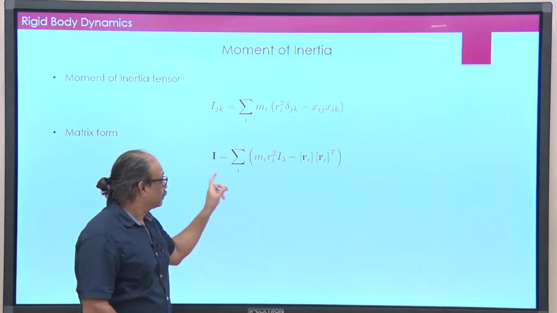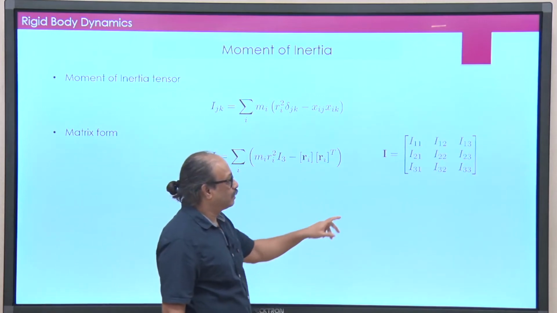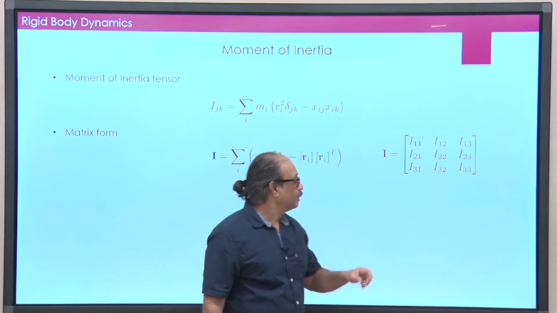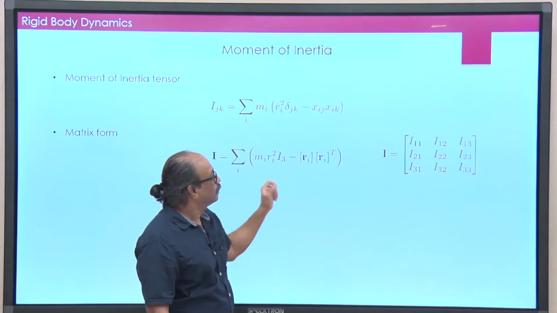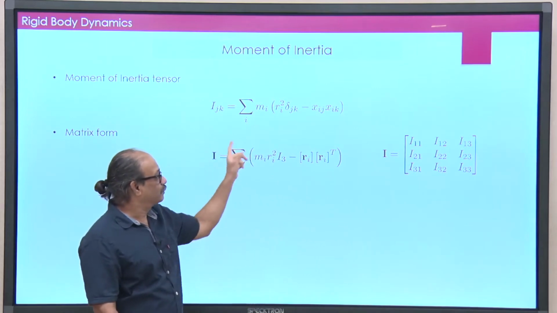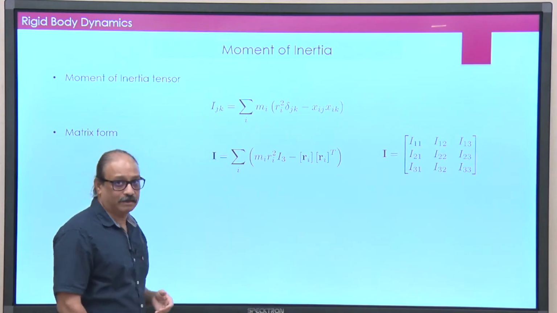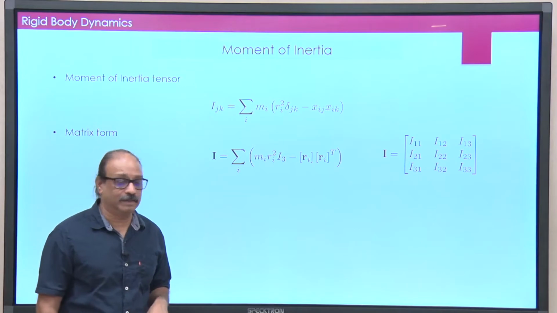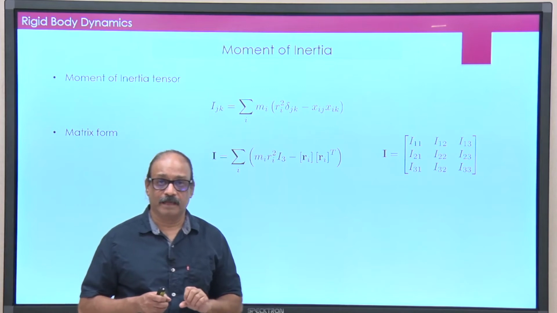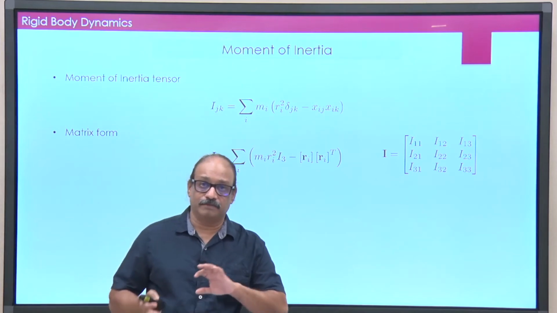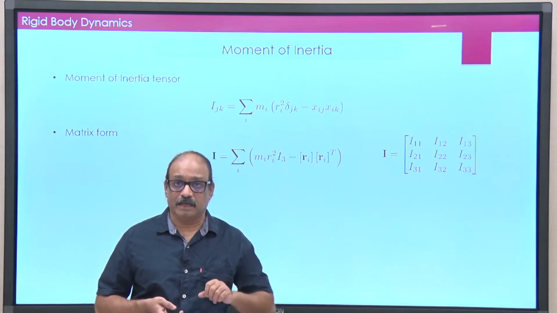Fine. So, this is how you would write this, and quite commonly in the literature it is written as I 1 1, I 1 2 and so on, where each of these components is defined here, and the whole matrix is defined in matrix form. It is called a tensor for a reason which is not covered in our present syllabus, but basically it has a property just like a vector, that when you transform the coordinate system, the components change in a certain way.